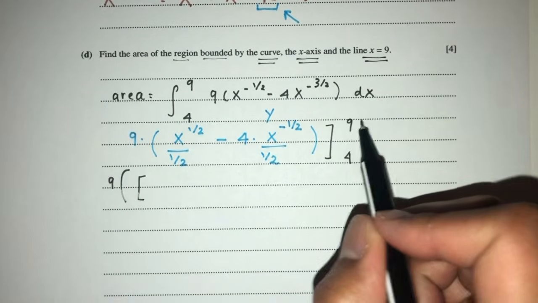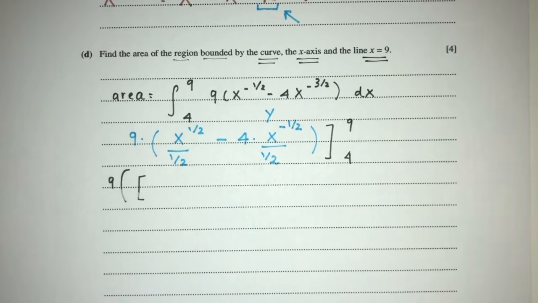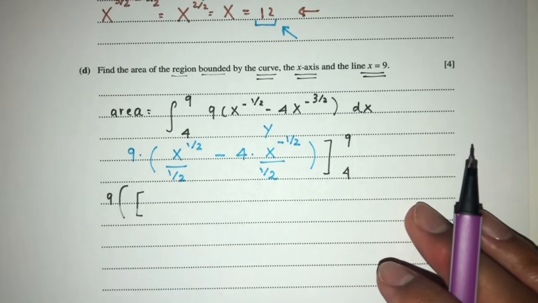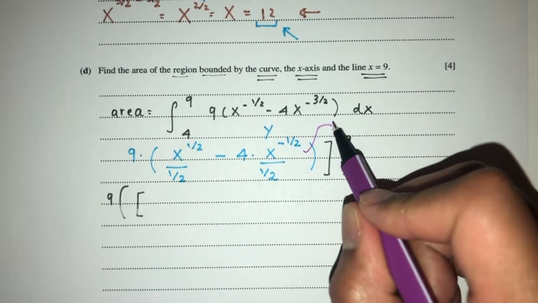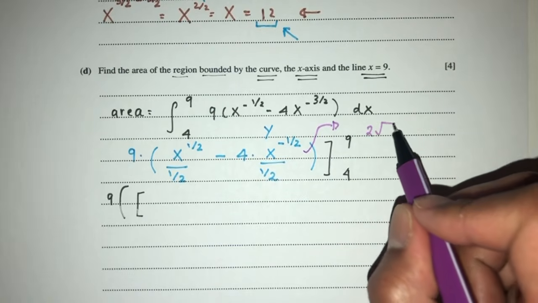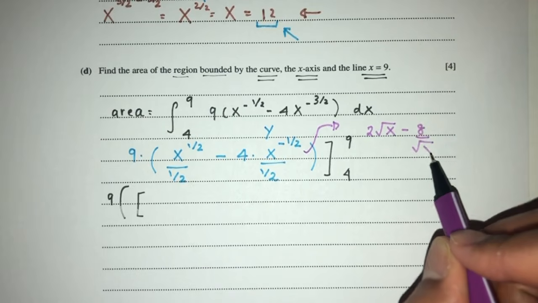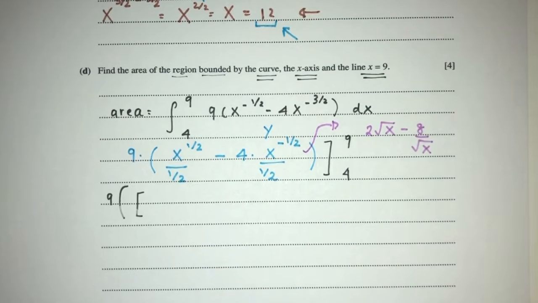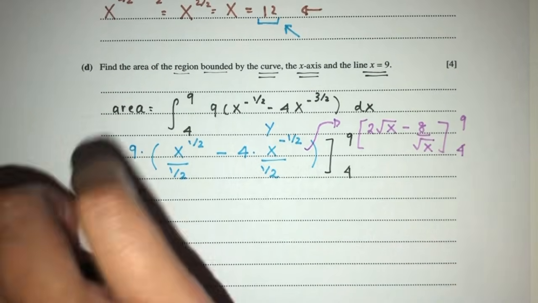So for the first one, let's apply the power of 9. If you want to, we can first simplify, because it might be tough to simplify those values in your calculator. Let's first simplify. That will give you what? Divided by half will be 2 root of x minus 8 over root of x. Now this value should be between the limits of 9 and 4.